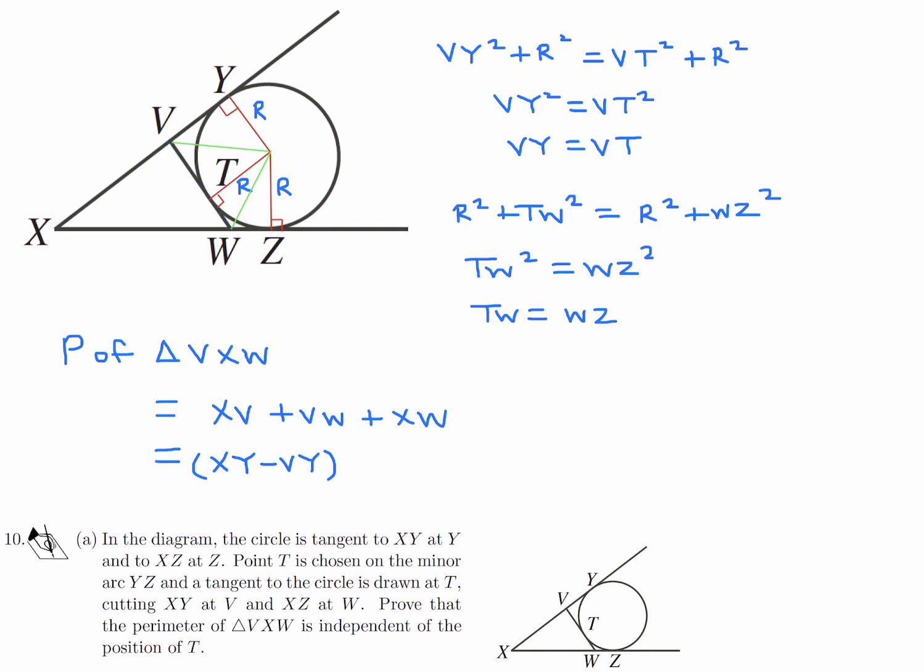Now VW, instead of writing VW, I'm going to write VT plus TW because it's equivalent. So we got VT plus TW. And finally, XW, instead of writing that, I'll write XZ minus WZ, like that. Okay, so here we go. Now we have to match all this together.